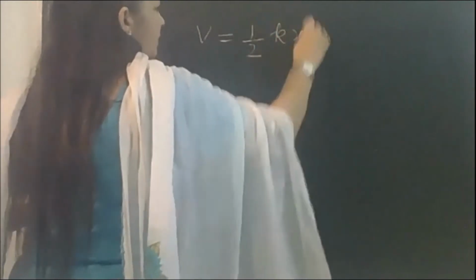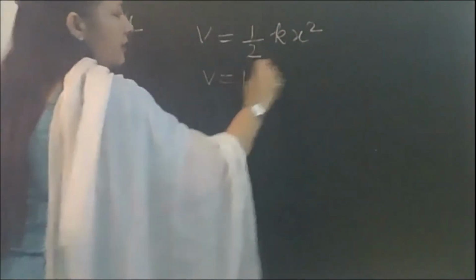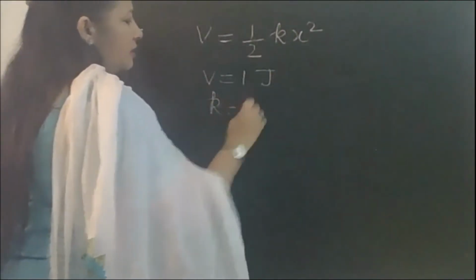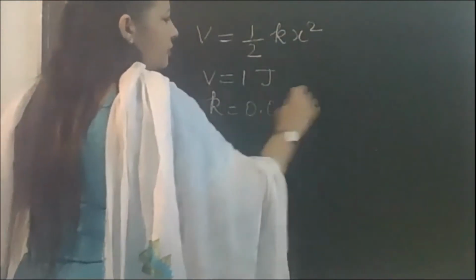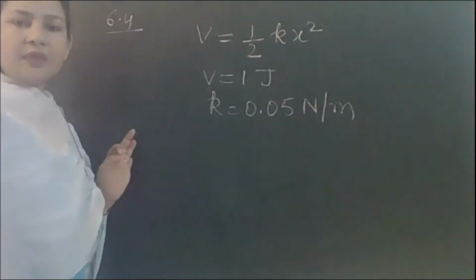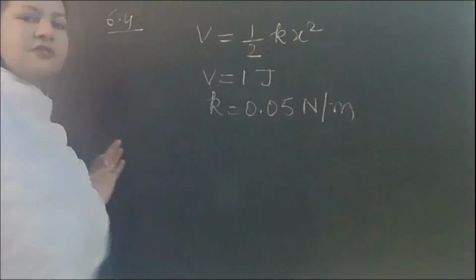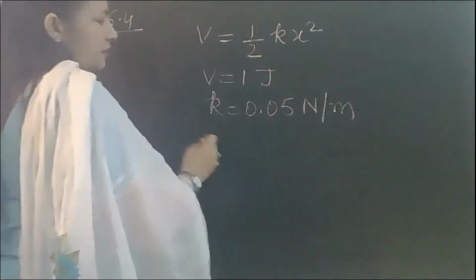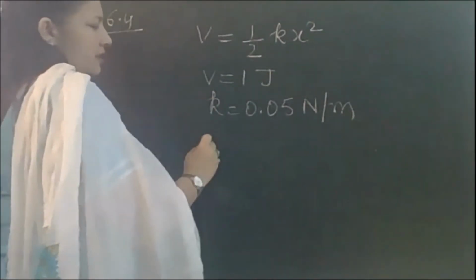According to the question, energy is half kx square and also energy is given 1 joule, k is given 0.05 Newton per meter. You know the value of force constant and unit Newton per meter, F is equal to kx. So let us put in both the values and find x.